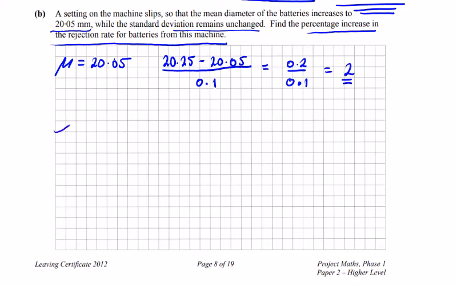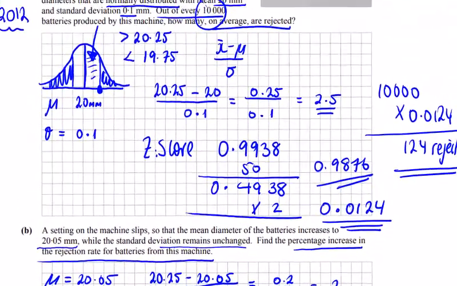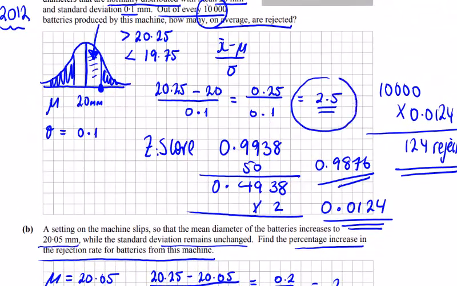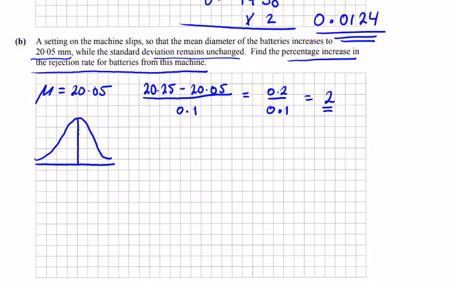So that's thrown the symmetry off a bit, because in the first case we were plus or minus 2.5 standard deviations. What's happened now is we're just plus 2. So it's shifted what's going on this way.